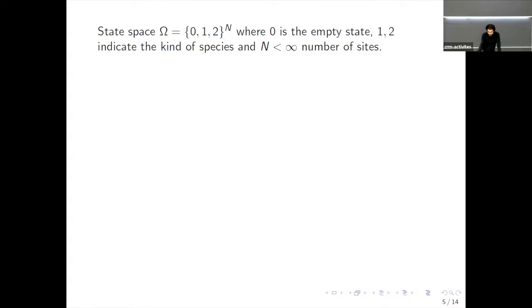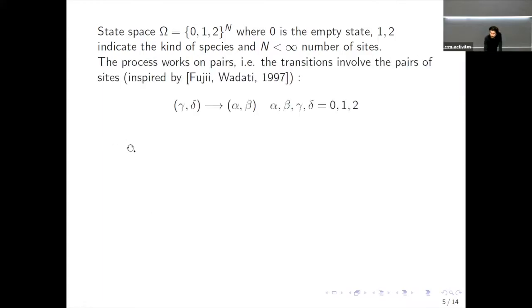So 1 is the first species, and 2 is the second species. We assume that the lattice we are working on has dimension n, and it is finite. And we use as dynamics a so-called pairs dynamic, which has been inspired by the work of Fujii and Wadati in 1997.